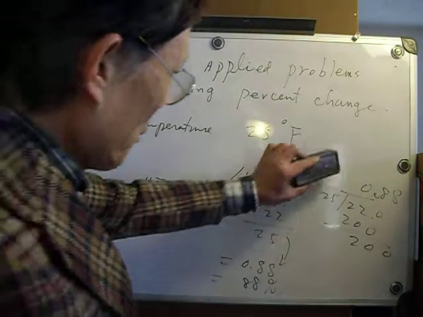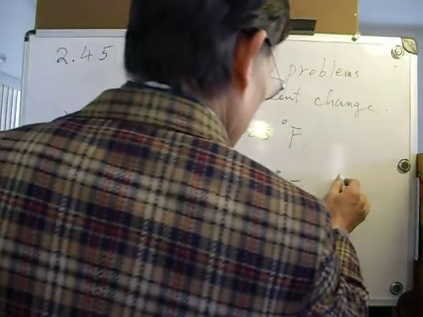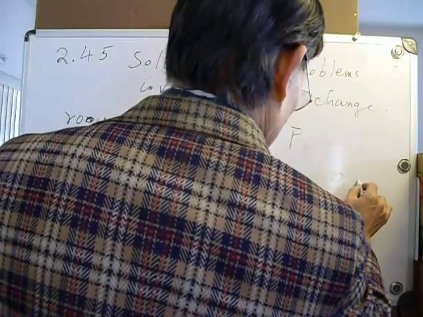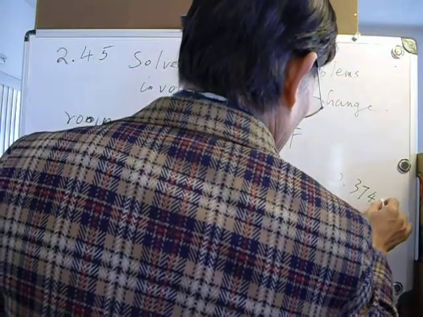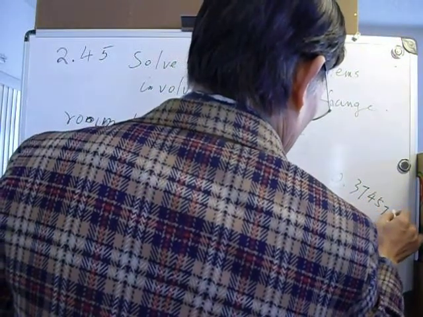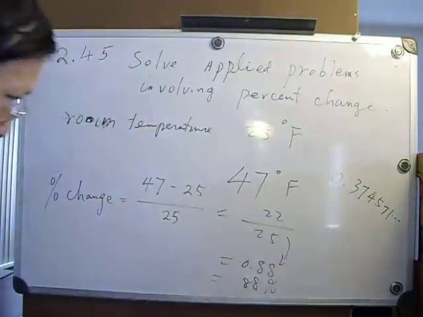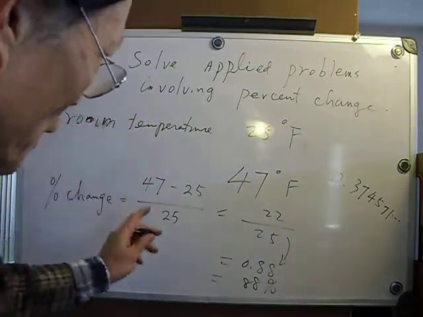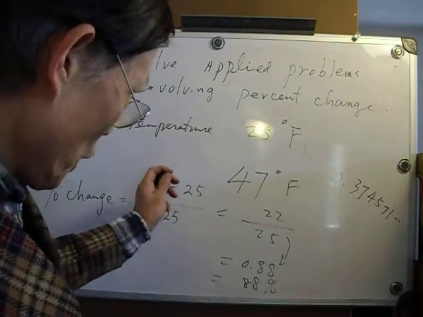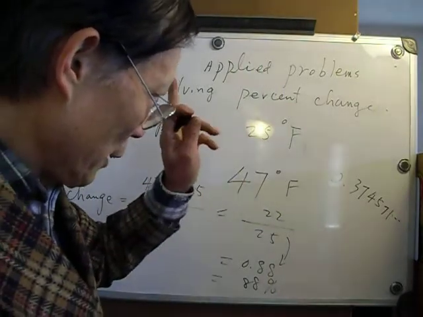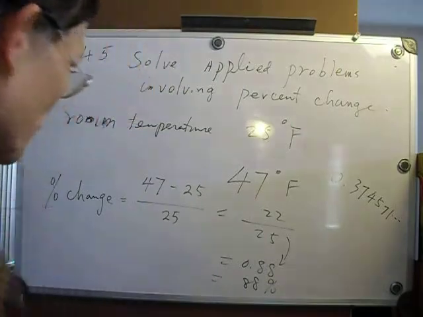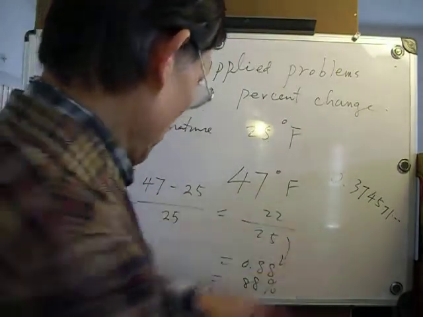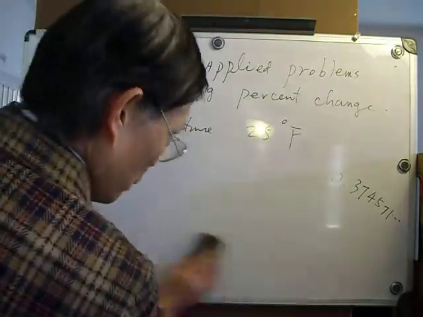Suppose we have a problem where you need to do the rounding. Use your calculator, obviously. You come up with a result like this, with many digits. The question asks, what is the percent change in this situation, and round your answer to the nearest hundredth.